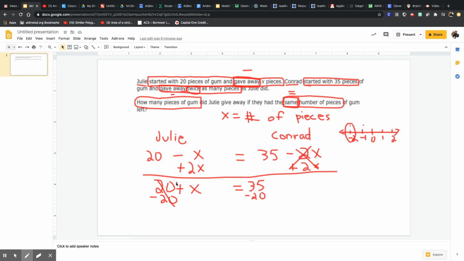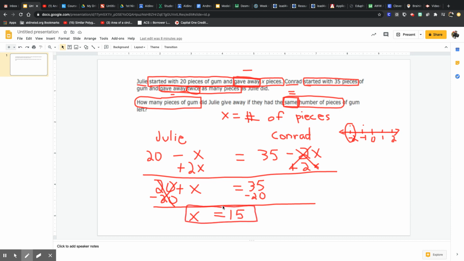So that's canceled out. Now let's see what we're left with. I'm left with a positive 1x, just the single x, is equal to 35 minus 20, which is 15. Remember, our goal is to get x by itself. I have my x already isolated, so x is equal to 15.